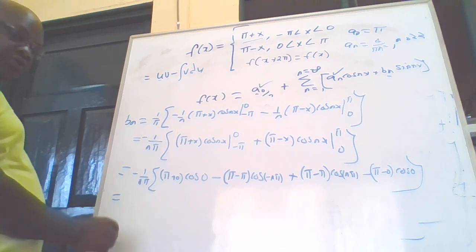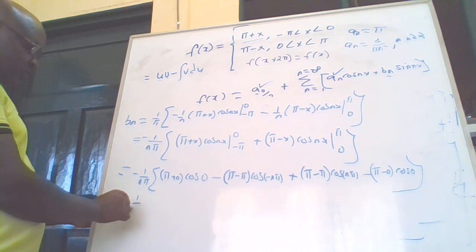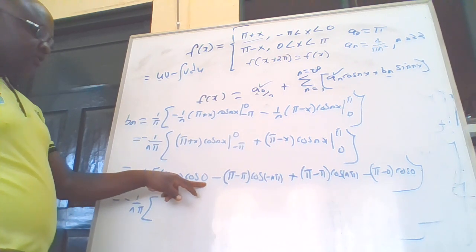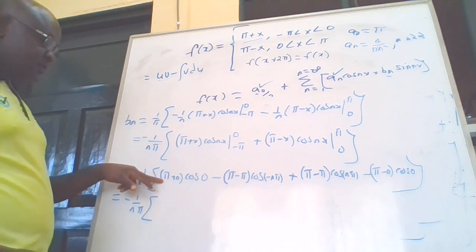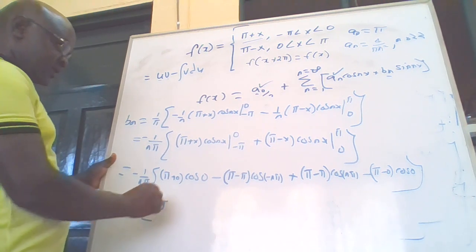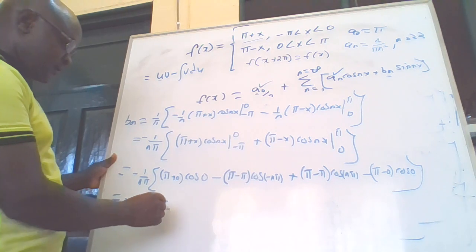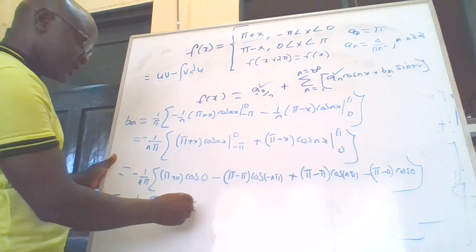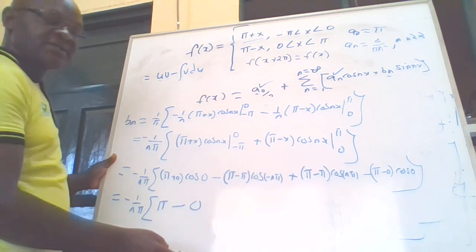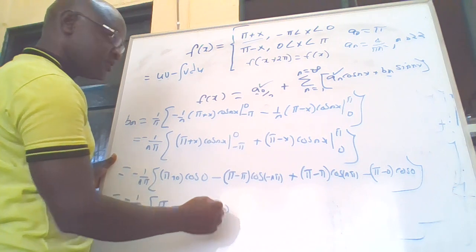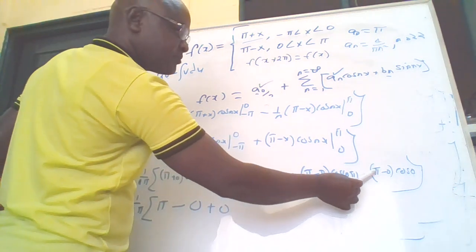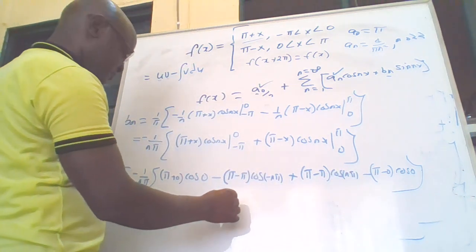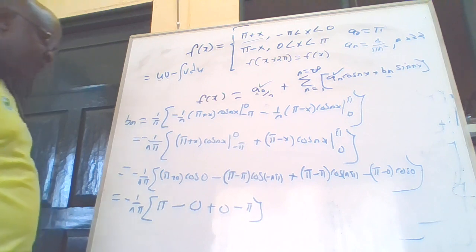So this equals minus 1 over n pi into pi. So cos 0 is 1 times pi, so here we will remain with pi. Minus this is 0, pi minus pi is 0, 0 times everything, it will be minus 0. Pi minus pi is 0, so this will also be plus 0. So here you have minus pi, so this is 1 times pi, so we have minus pi.